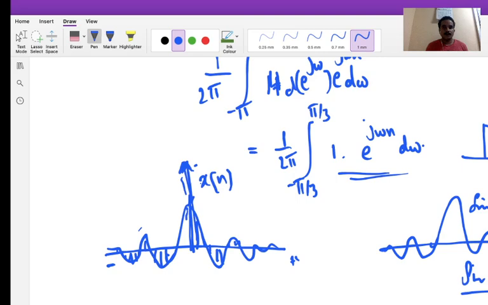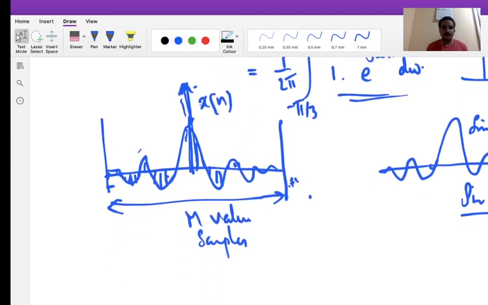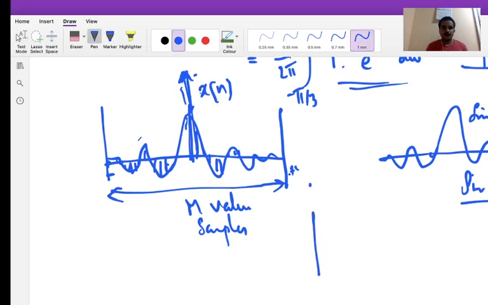And suppose you take m values from this, suppose you take m samples, then you get something like this, which has an envelope of that of a sinc function.